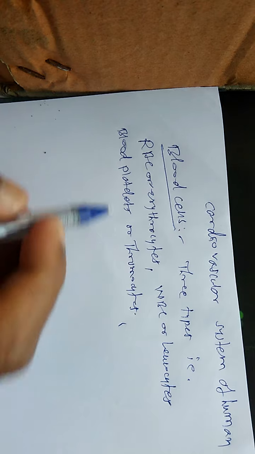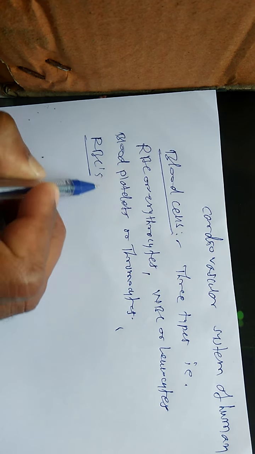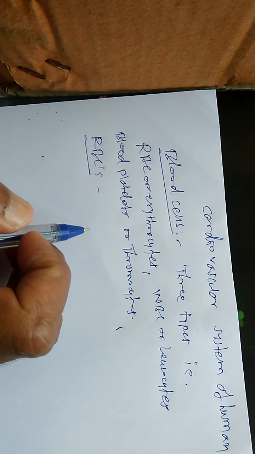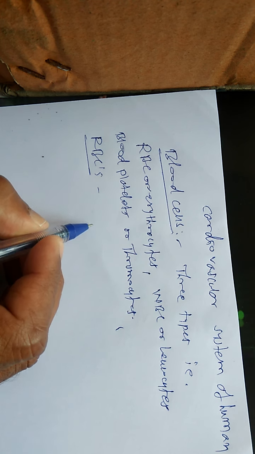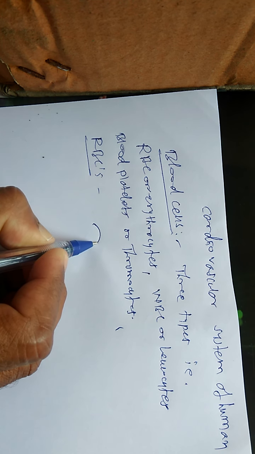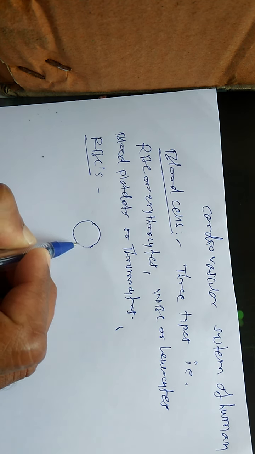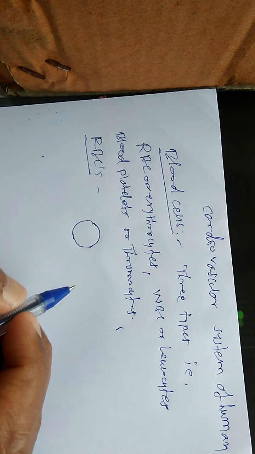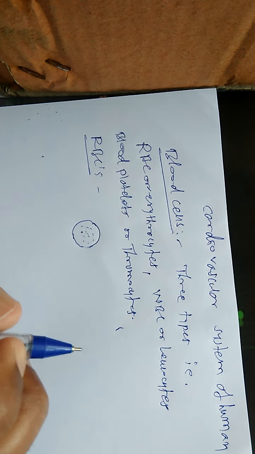From that, we first read about the RBC, that is the red blood corpuscle or erythrocytes. The RBCs are circular in shape. It is a biconcave disc, and the important thing is that these are without a nucleus.